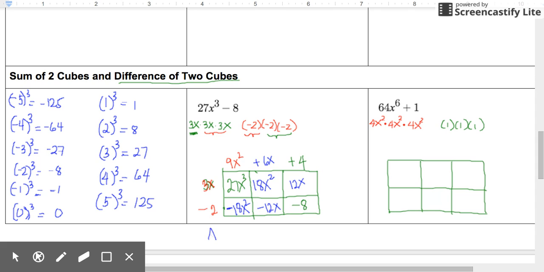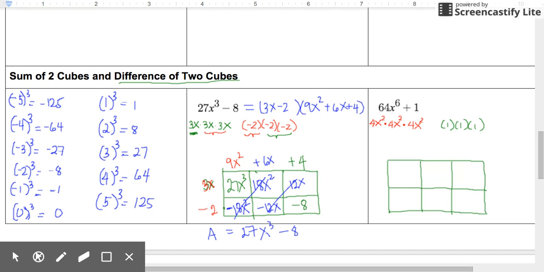So we know the area here is 27x cubed, we cancel this, and minus 8, which is the expression we're trying to factor. That means we found the factors of this difference of two cubes. The width is 3x minus 2, and the length is 9x squared plus 6x plus 4.